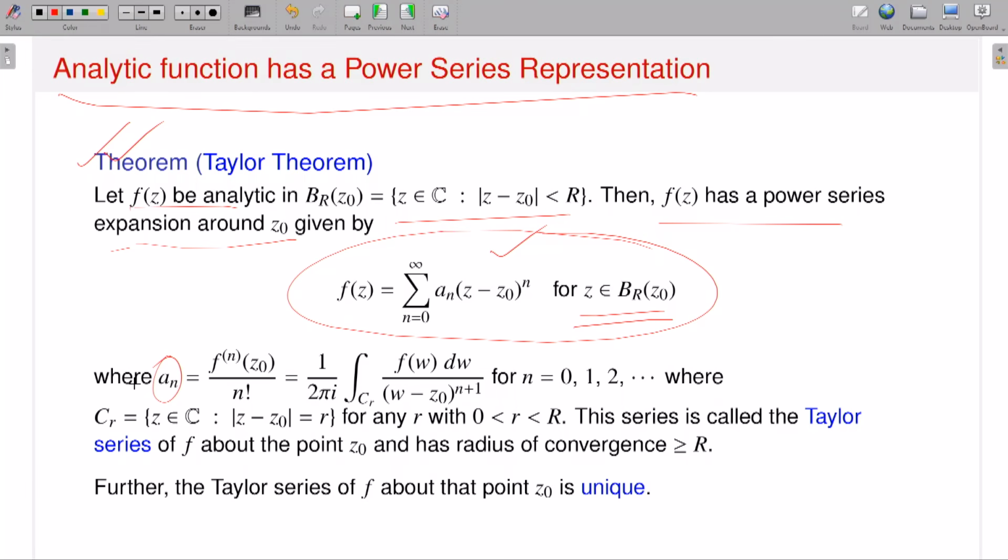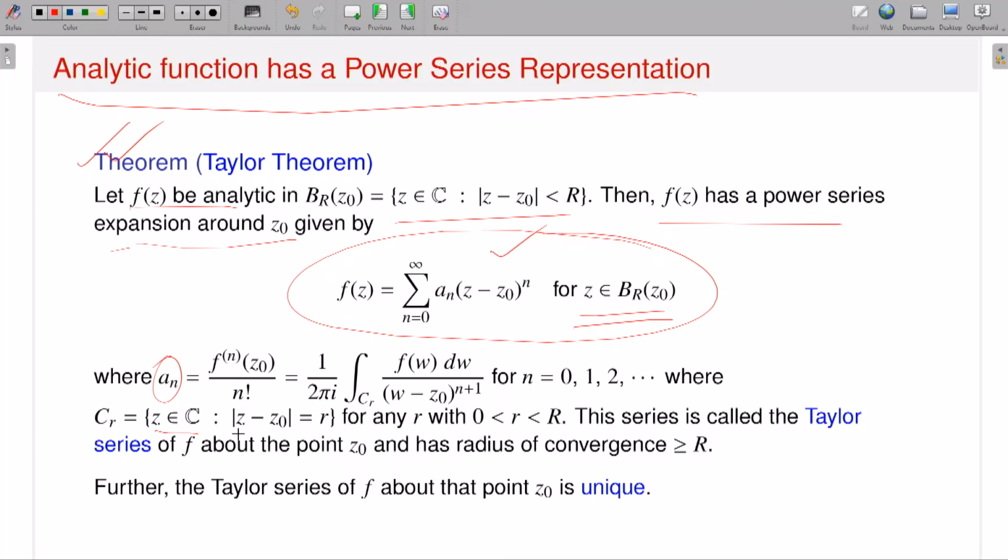So a_n is f^(n)(z0) divided by n factorial, which is the same as 1 over 2 pi i times the integral over C_r of f(w) dw divided by (w minus z0)^(n+1). That formula is true because of Cauchy's integral formula for derivatives, which tells you the value of the nth derivative of f at z0 in terms of the values of f on the contour C_r.